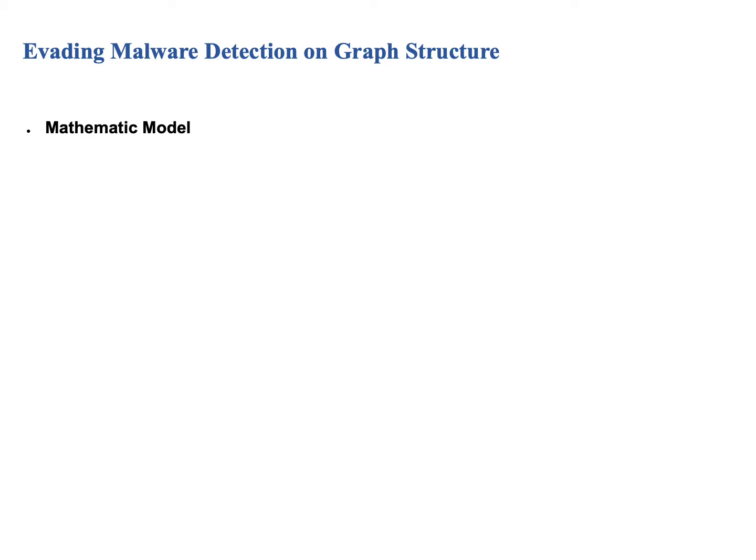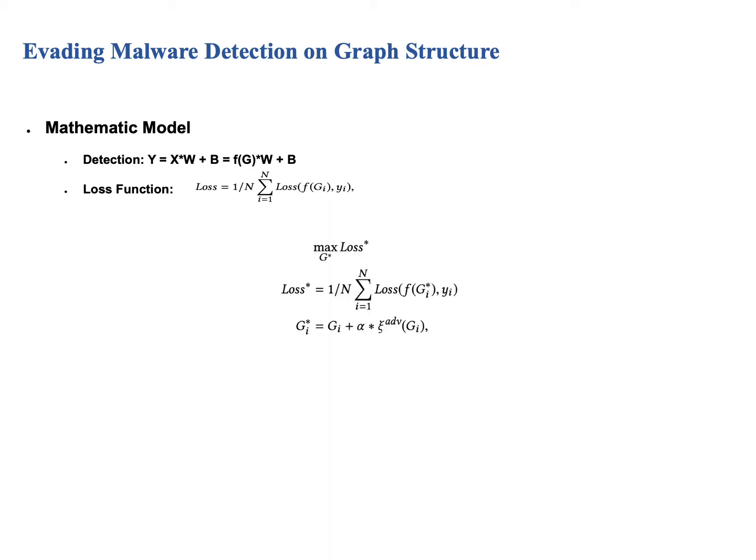So until now we talked about our detection system. Then we will give our mathematical model for the adversarial samples. First of all, we should have the detection system. Of course, we talked about the detection system properly, and then we will get the loss function from this detection system. Using this loss function, we can construct our mathematical model for the adversarial sample.